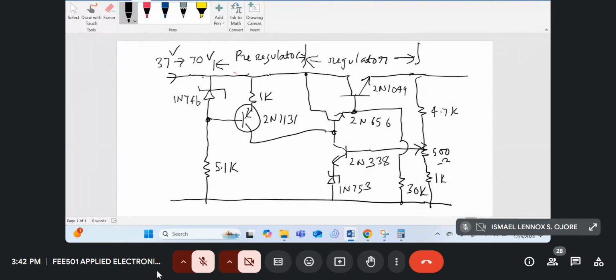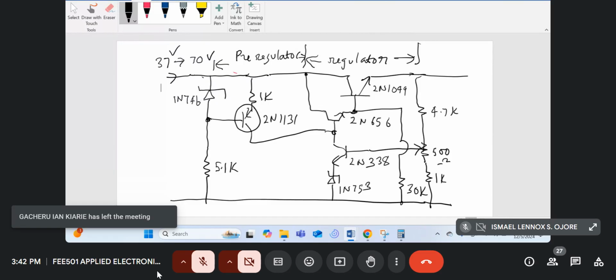So in this circuit, you're told the input varies from 7 volts to 37 volts. And you're told to find out the range of output voltages. Now, this is a variable regulator. There's a 500 ohm pot, which can vary. So remember R2, when the pot is on top, will be 1K plus 500 ohms.